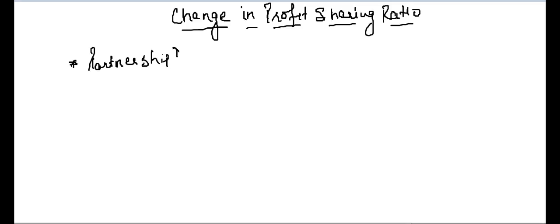I have told you about the partnership deed. We have discussed that it is an agreement between the partners that defines the terms of partnership.